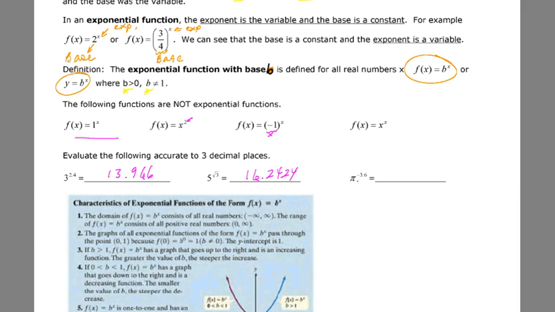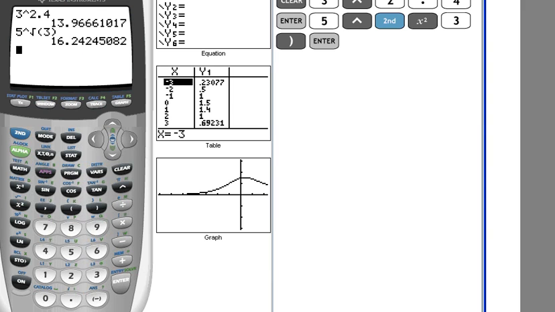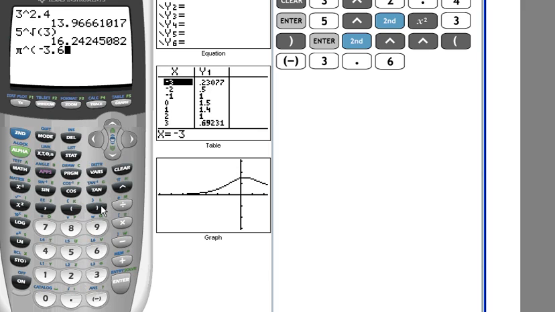And then finally, let's get pi to the negative 3.6. Pull up pi, get your caret, and let's put it in parentheses. It's negative 3.6. And let's close that off. The answer is 0.0162.